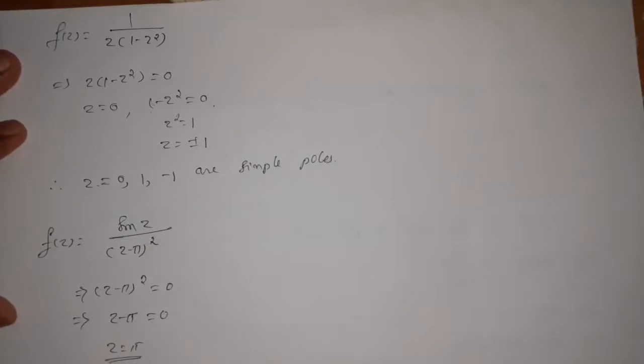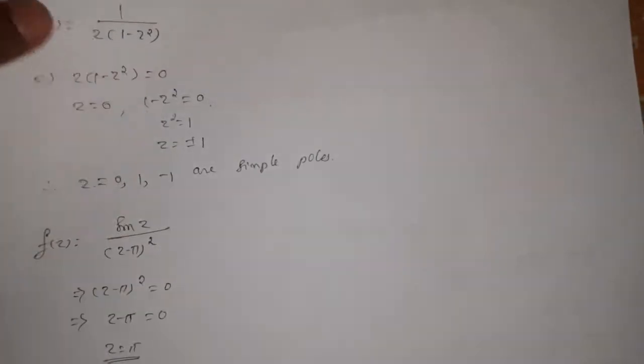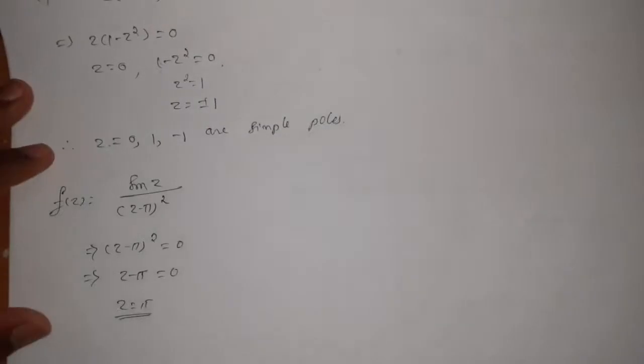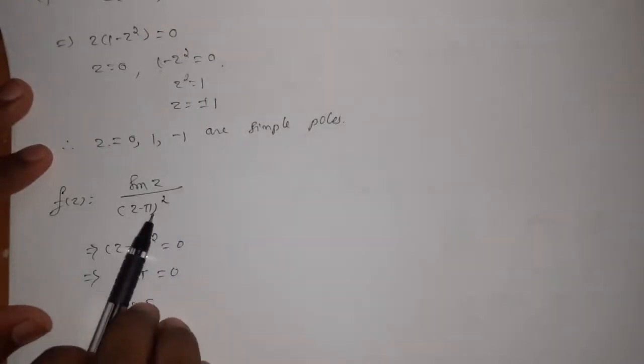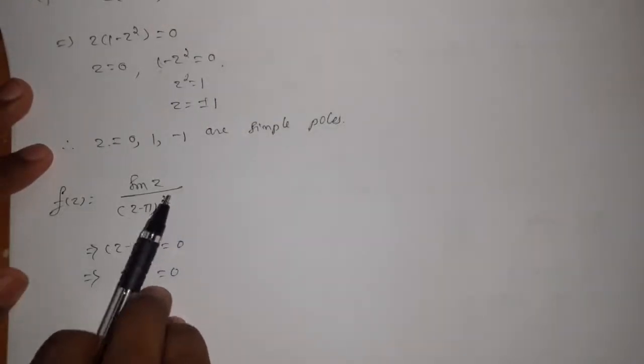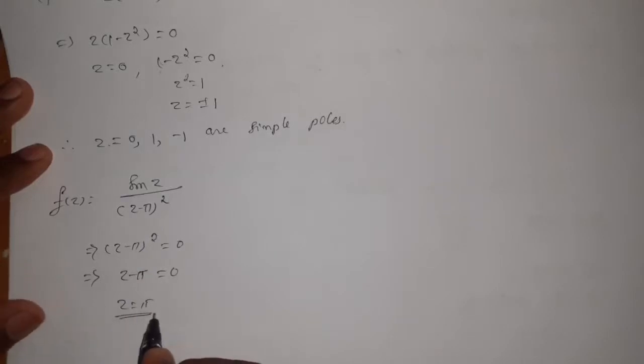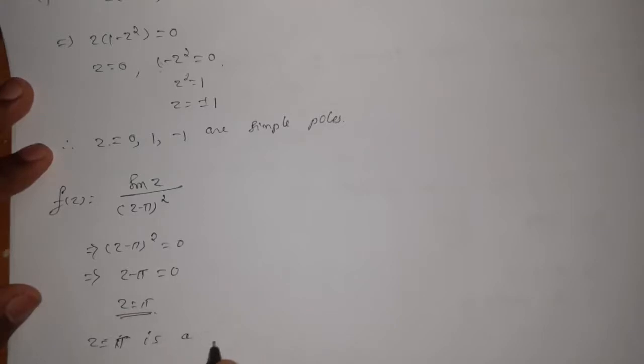So here z equal to pi is a pole, but it is not a simple pole, because the order of z minus pi is equal to 2. So it implies that z equal to pi is a pole of order 2. So therefore here z equal to pi is a pole of order 2, right?